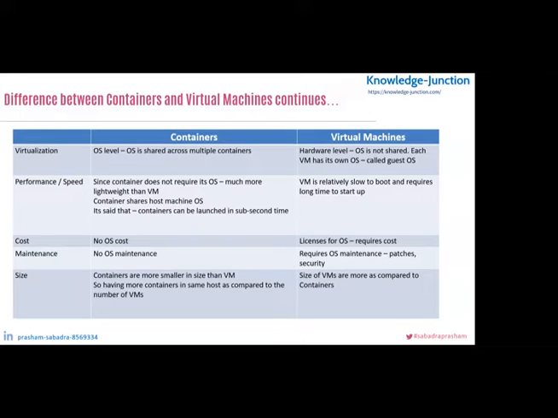Containers can be launched in a very short time. On cost, some cost is saved, as operating system cost is not required. For virtual machines, we require licenses for the operating system. Same for maintenance: OS maintenance, patches, security, and other stuff.